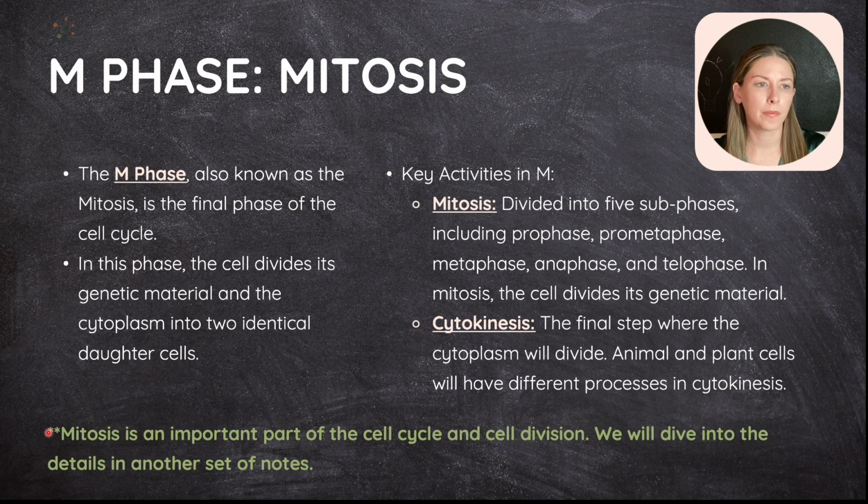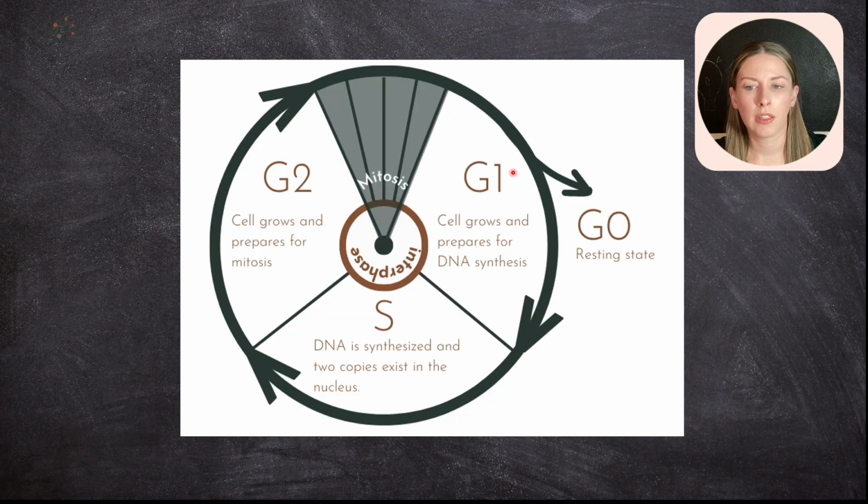Let's take a look at this graphic again. The cell cycle starts at G1, where the cell grows and prepares for DNA replication. Then the cell will head over into S phase, where the cell replicates or synthesizes its DNA. Next, we'll head over into G2, where the cell will check for errors, grow, and prepare for mitosis.